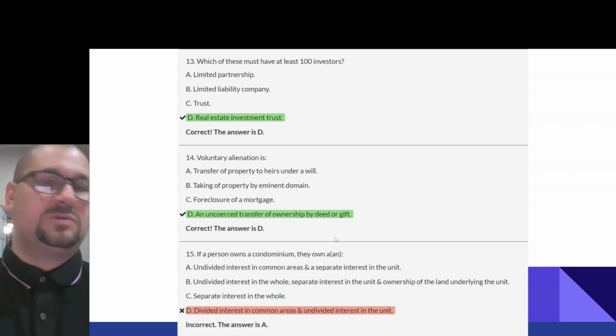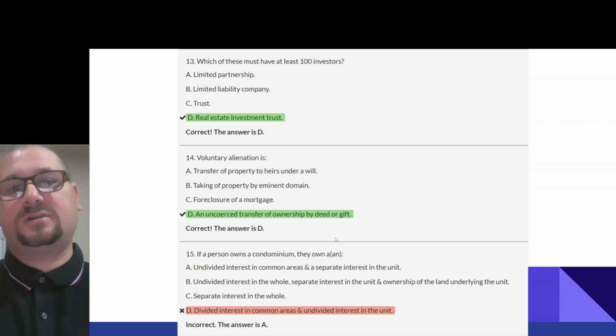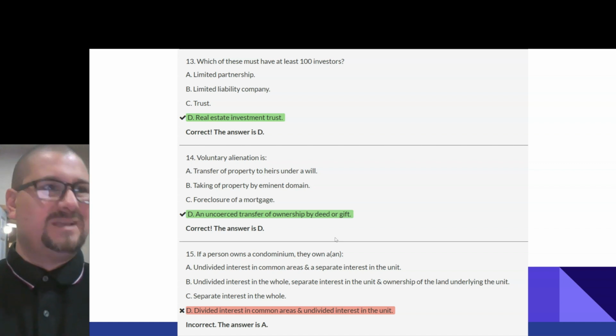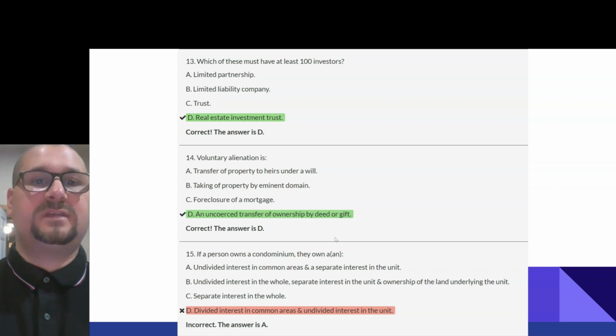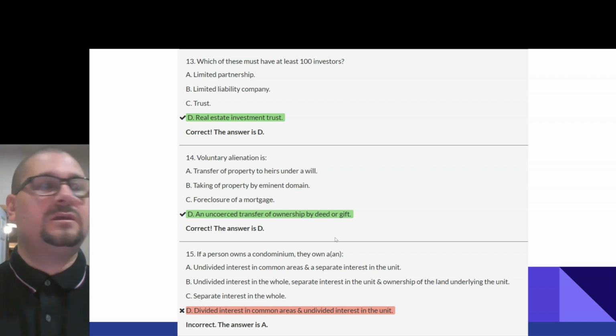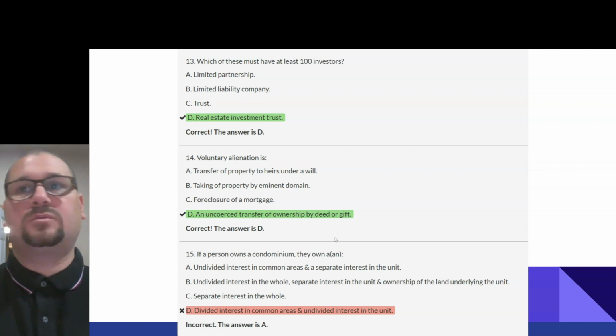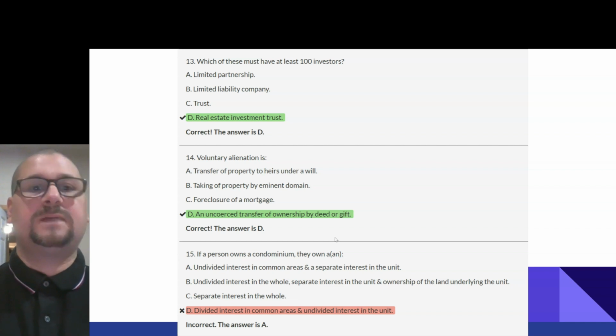It's kind of a tricky question, tricky answer, because you think transfer of ownership to heirs under a will, that's going to happen automatically under a will, right? That's involuntary alienation. Taking of property by eminent domain, right? Eminent domain, the government's taking a private property for like a build for a train, something like that. That's involuntary.